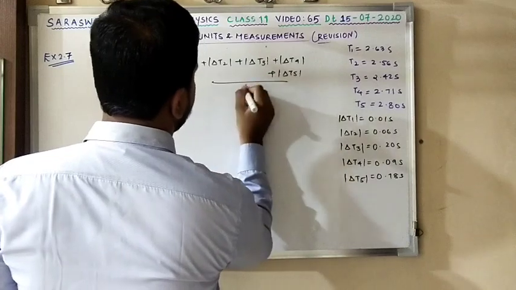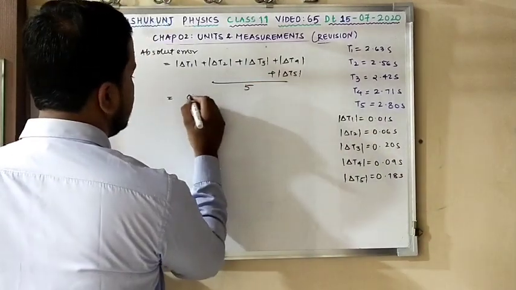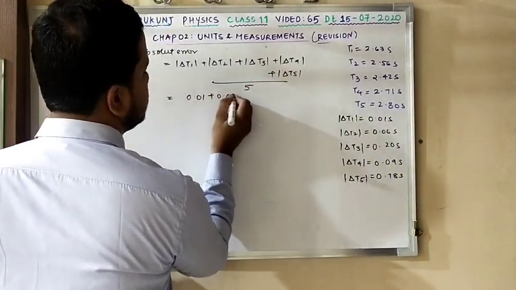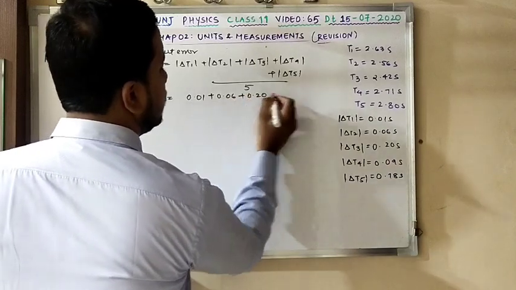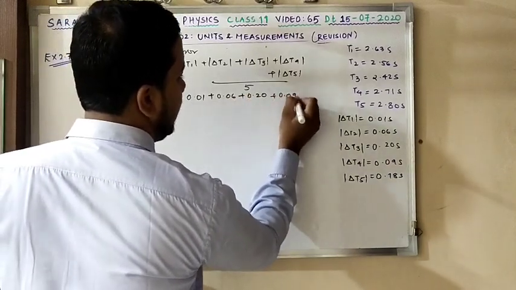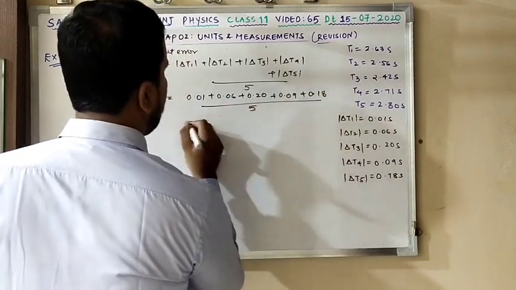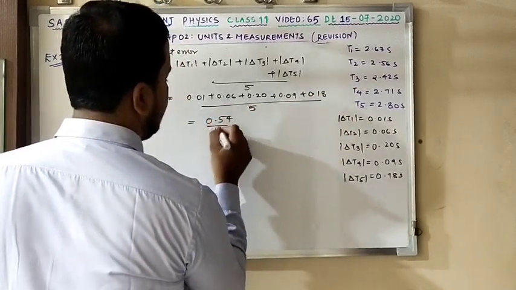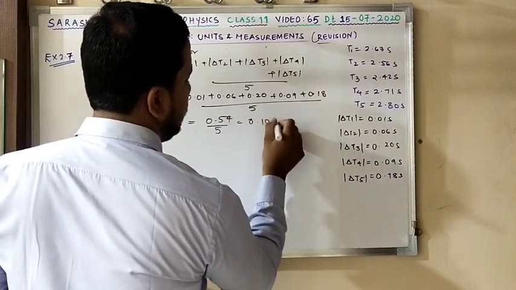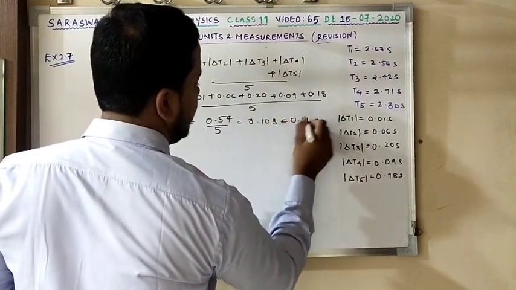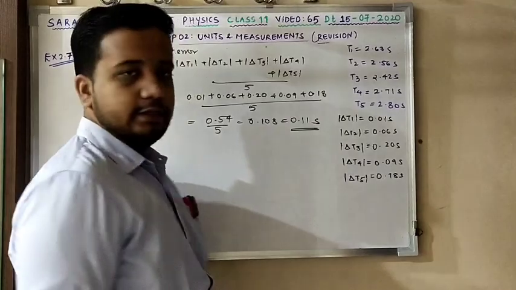Divided by 5. If I put the addition of all these, 0.01, 0.06, 0.20, 0.09 and lastly 0.18, divided by 5, I get 0.54 by 5, that is 0.108, which is approximately 0.11 seconds. Is this clear?